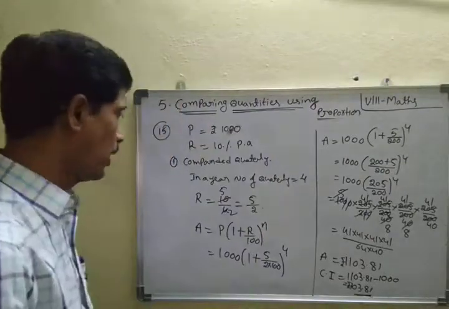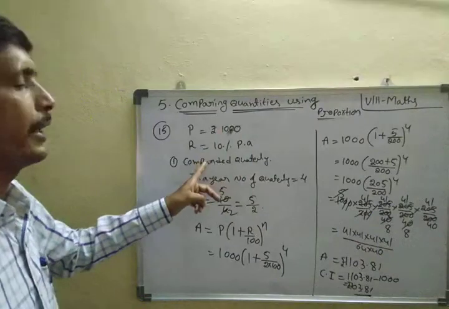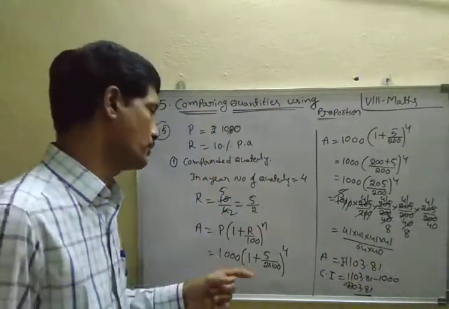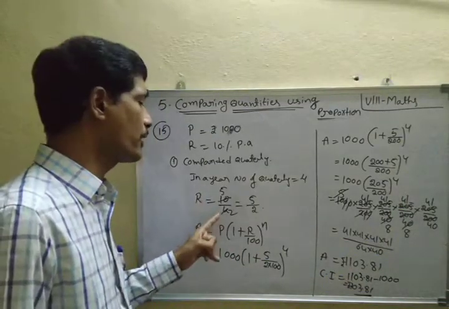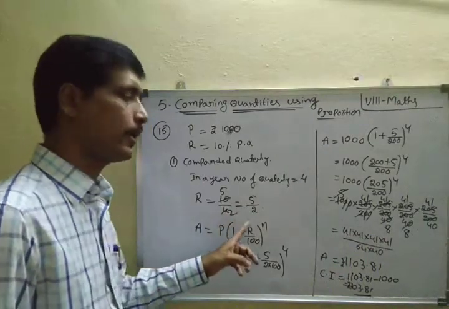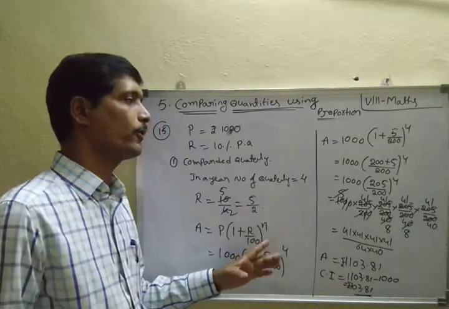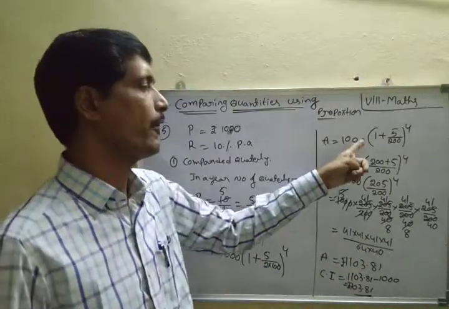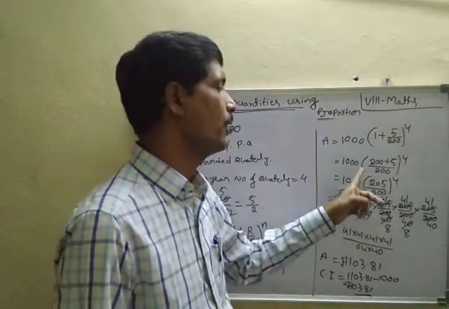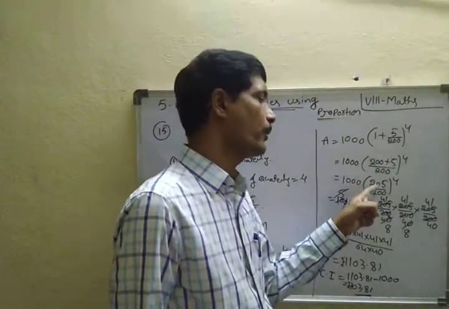Okay, one more here. Principal is given, that is 1000 rupees. Rate of interest equals 10% per annum. You are asking compounded quarterly. Therefore, in a year the number of quarters equals 4, so the rate of interest equals 10 by 4, that is 5 by 2. Amount equals P into 1 plus R by 100 whole power n, so 1000 into 1 plus 5 by 2 into 100, whole power 4. Simplifying with LCM, you get 1000 into 205 by 200 whole power 4.